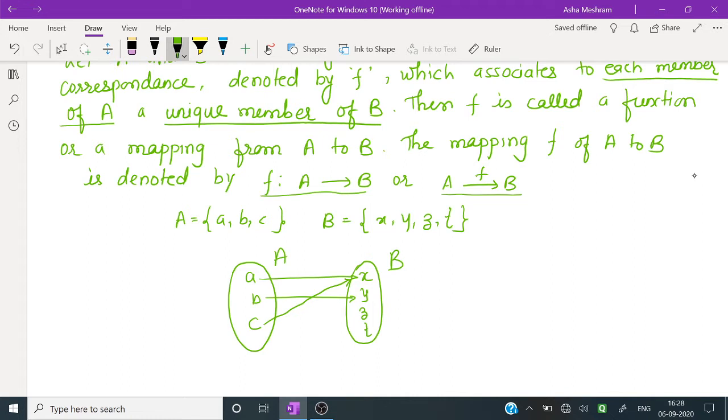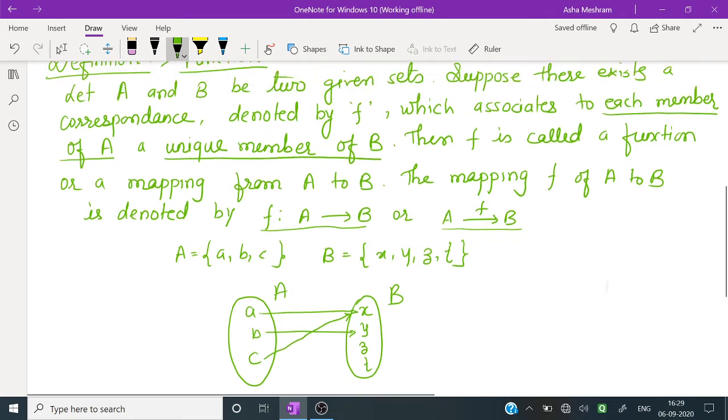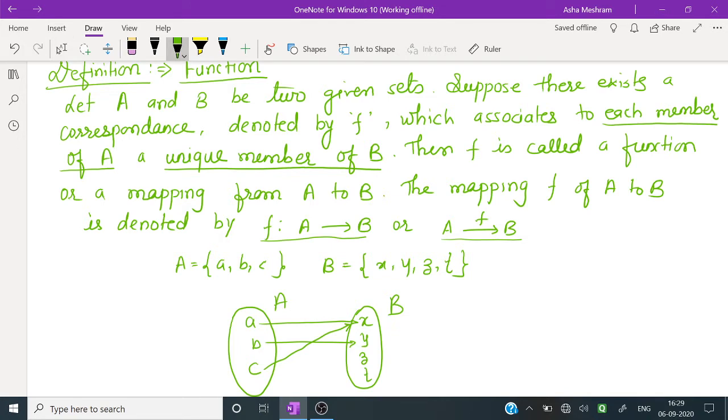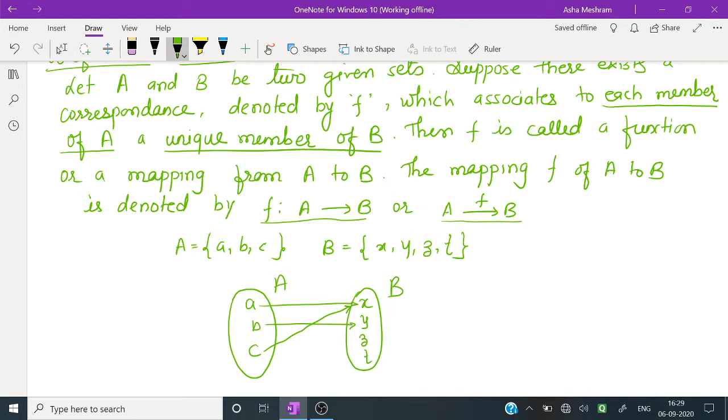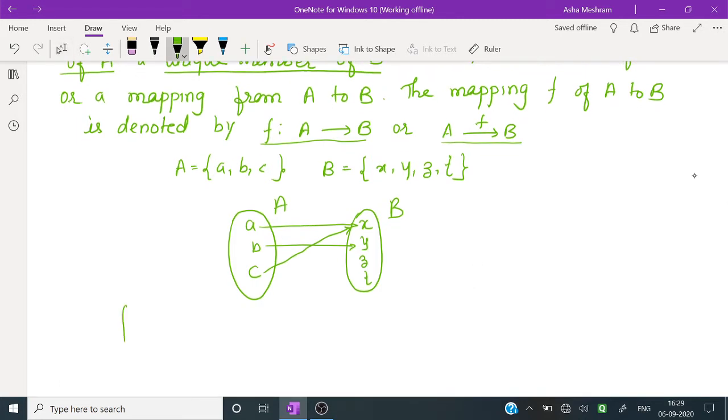Here you can see that every element of A is paired with something: A is paired with X, B is paired with Y, and C is paired with X. Each member of A is associated with a unique member of B. That means A is mapped to only X, B is mapped to only Y, and C is mapped to only X. So this function F, denoted by small f, contains all the ordered pairs AX, BY, and CX.